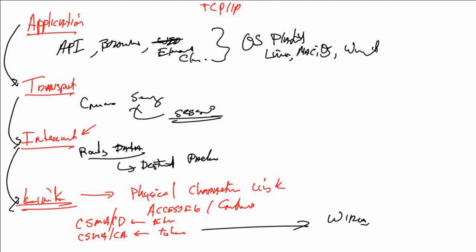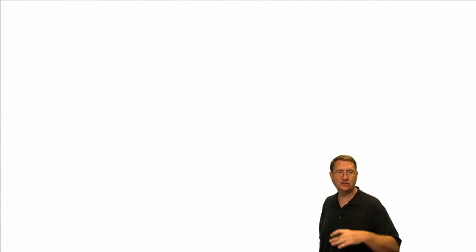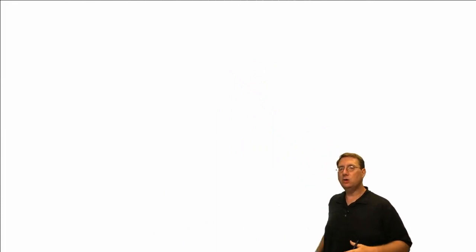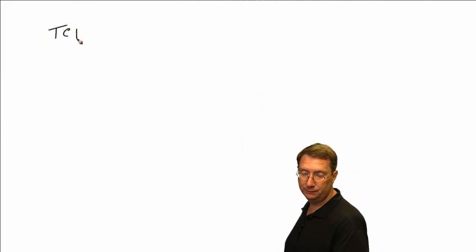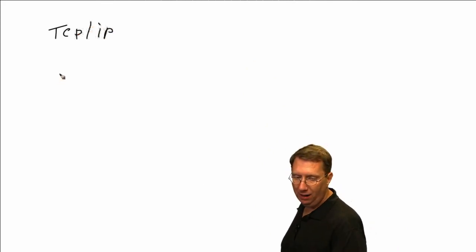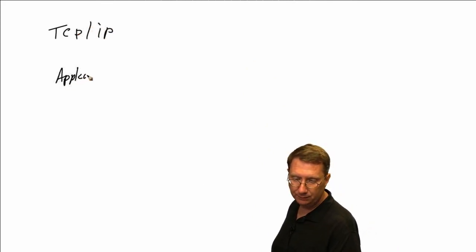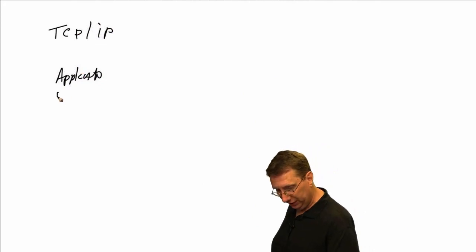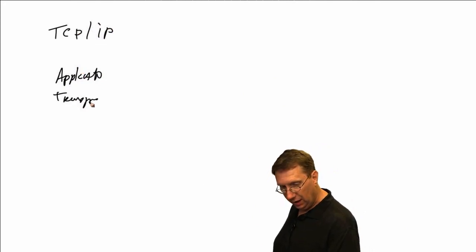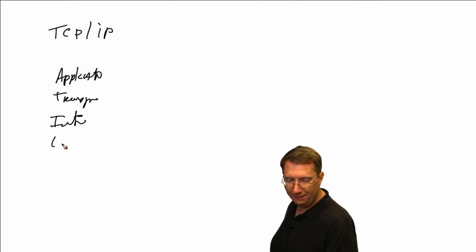But what we want to point out here is that everybody may be following the same rules, but we still have to take into account the fact that this information has to be passed from layer to layer. So what we're going to find here is that irregardless of what model I use, let's just say I use the TCP/IP model. In the confines of the TCP/IP model, I have application, I have my transport, I have my internet, and I have my link.